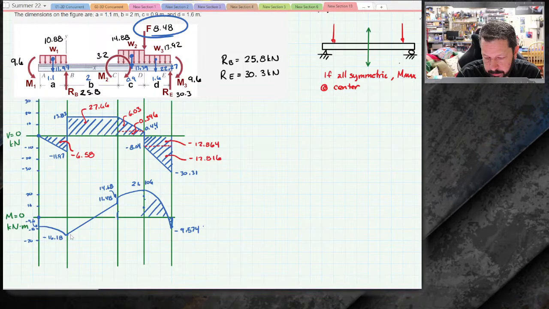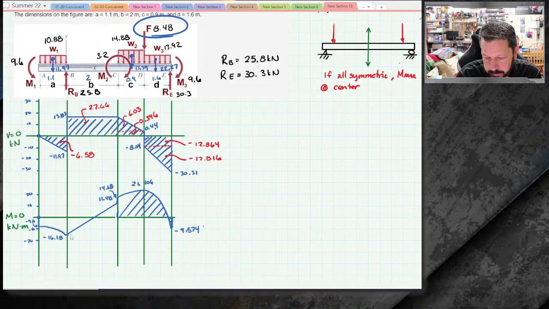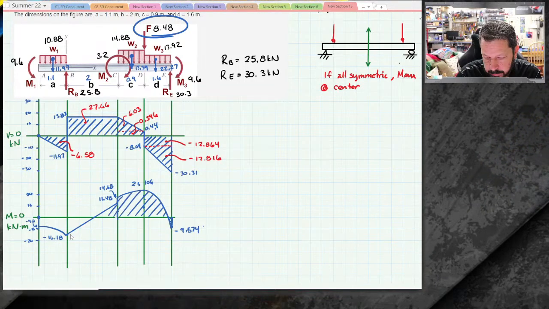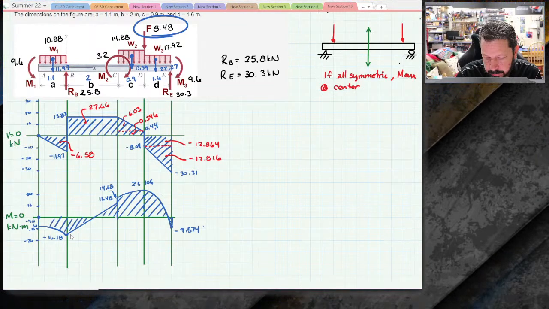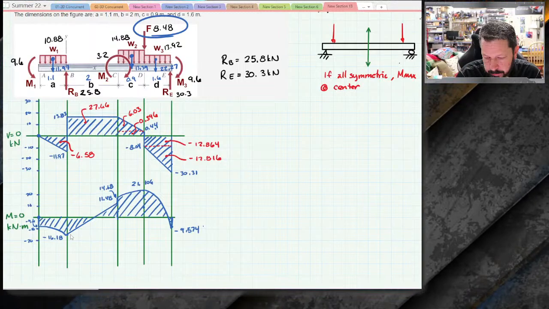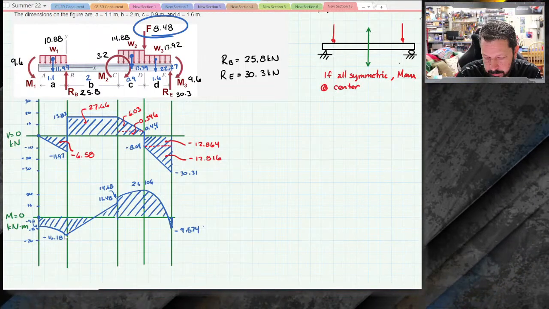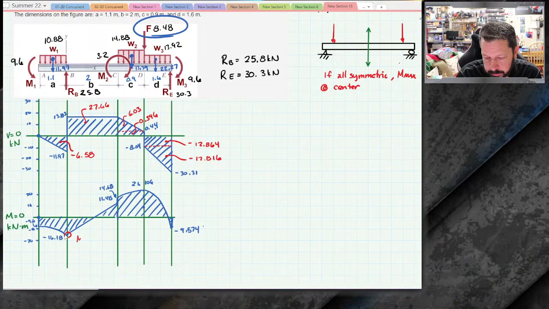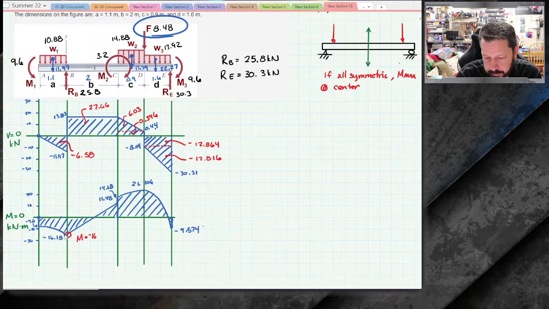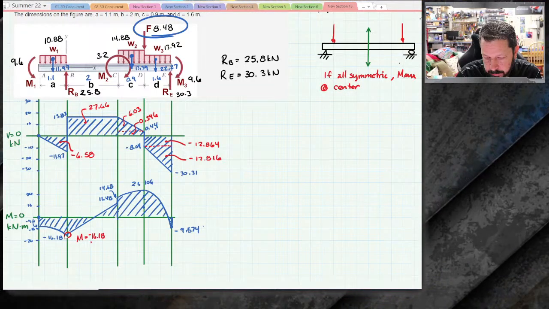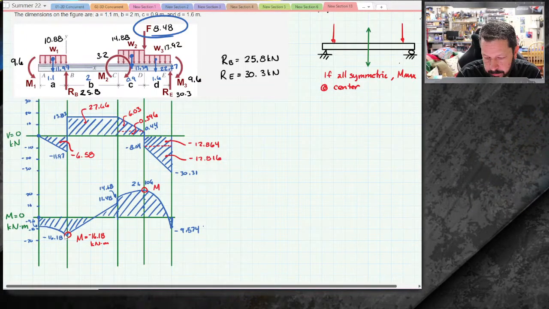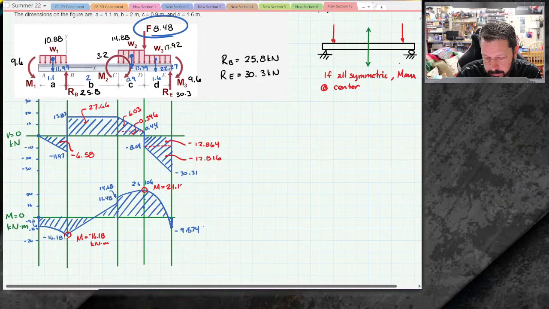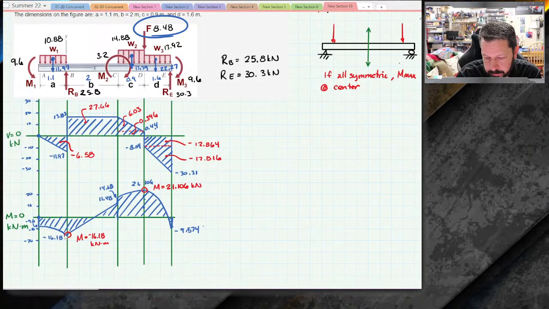But we finally have our bending moment diagram here. And we have two spots where we could think of the M max. So we have this spot, M equals negative 16.18 kilonewton meters. But we also have over here, M equals 21.106 kilonewton meters.